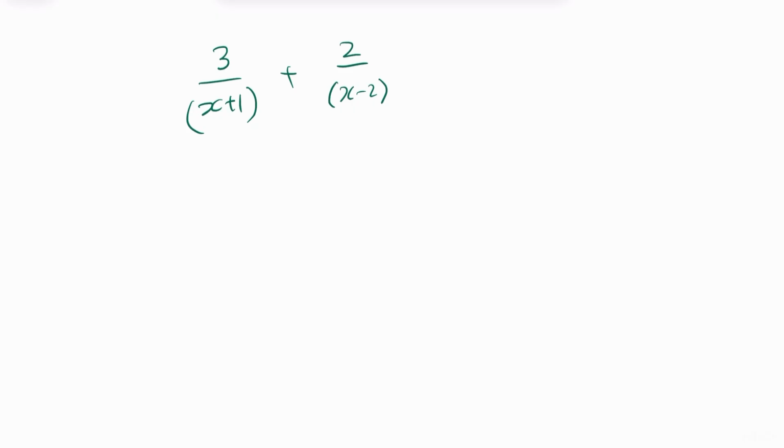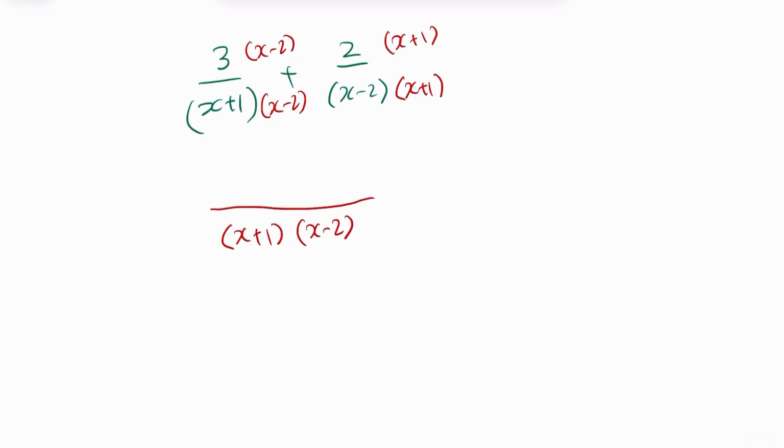To find the lowest common denominator, we multiply x minus 2 up and down in one fraction, and in the other fraction we multiply by x plus 1 up and down. We write one fraction with one denominator, x plus 1 multiplied by x minus 2, and in the numerator we have 3 times x minus 2 plus 2 times x plus 1.